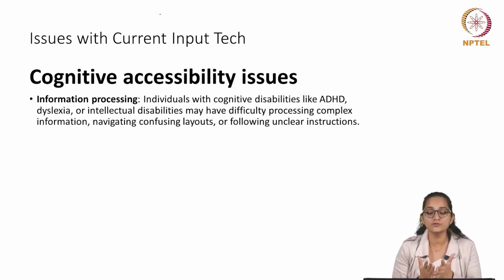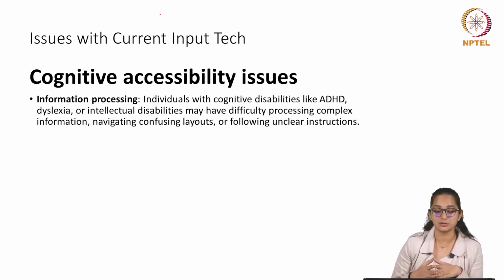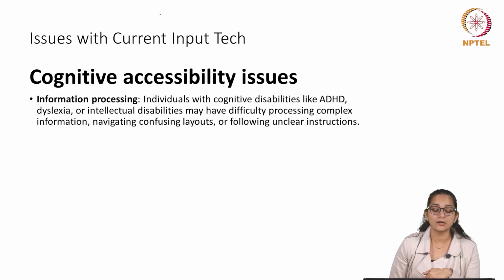Individuals with cognitive disabilities like ADHD, dyslexia or other intellectual disabilities may have difficulty in processing complex information, navigating through confusing layouts, and following unclear instructions. If some instructions are given, but they are not precise, they may not be able to navigate through your content with ease.